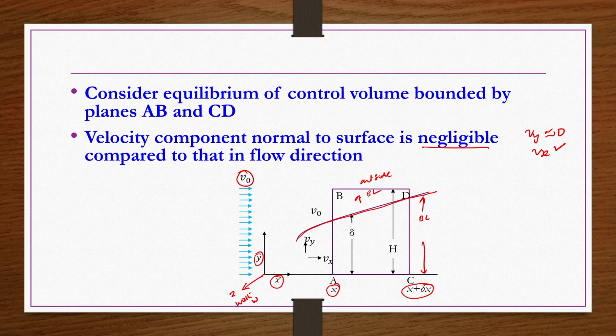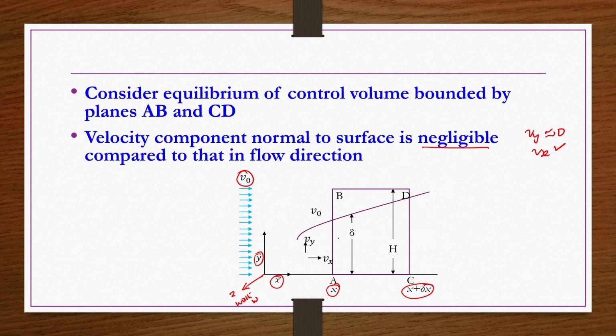The thickness of the boundary layer is delta, and the height of this control volume is h. The Vx component exists, while the Vy component is very small or 0 compared to Vx. So, for this case we have to develop the integral momentum equation, which is what we are going to do now quickly.